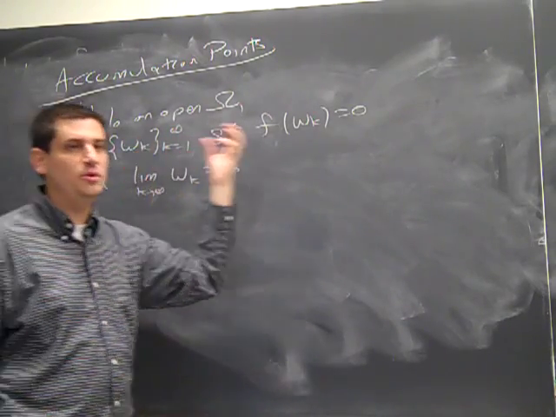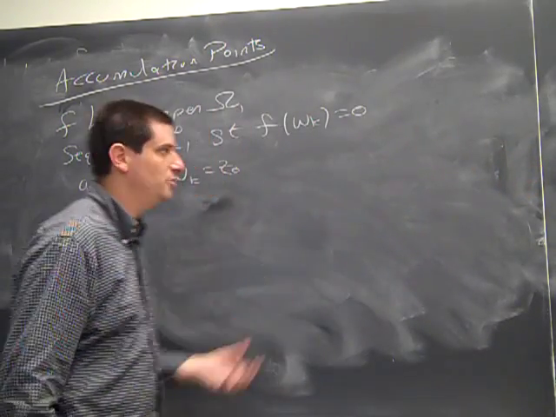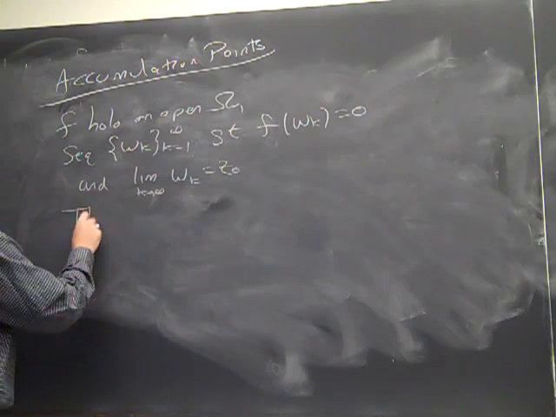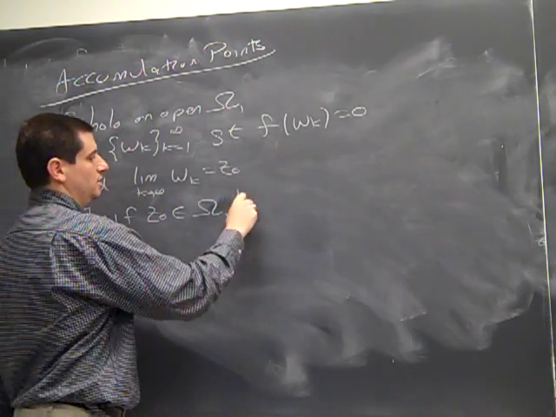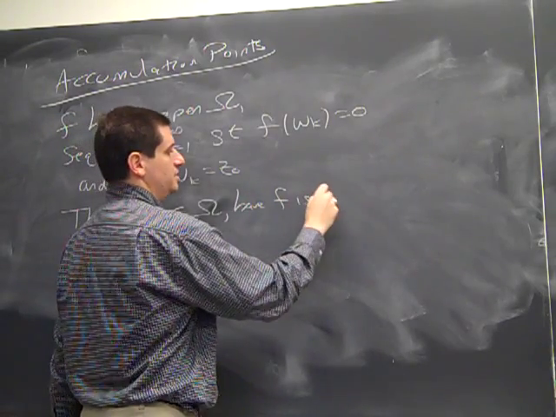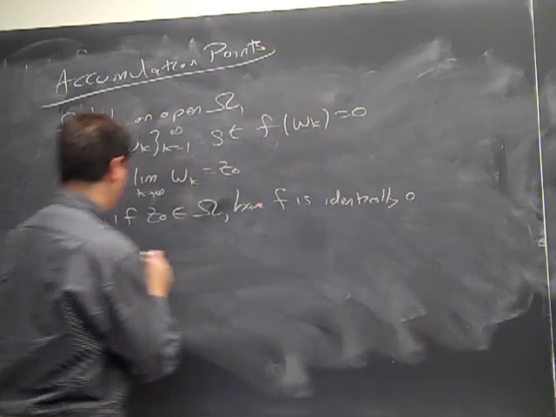That's why they're using WK for the sequence of points where the function is 0, converging to some point. Then, if Z naught is in omega, F is identically 0 on omega.